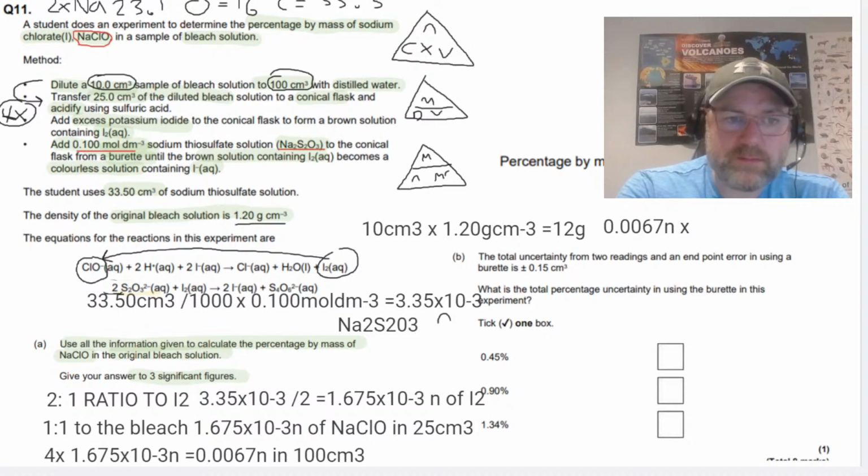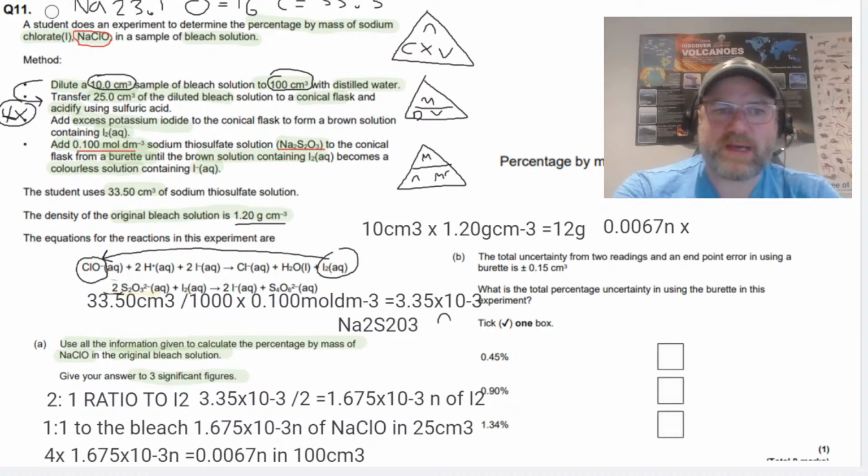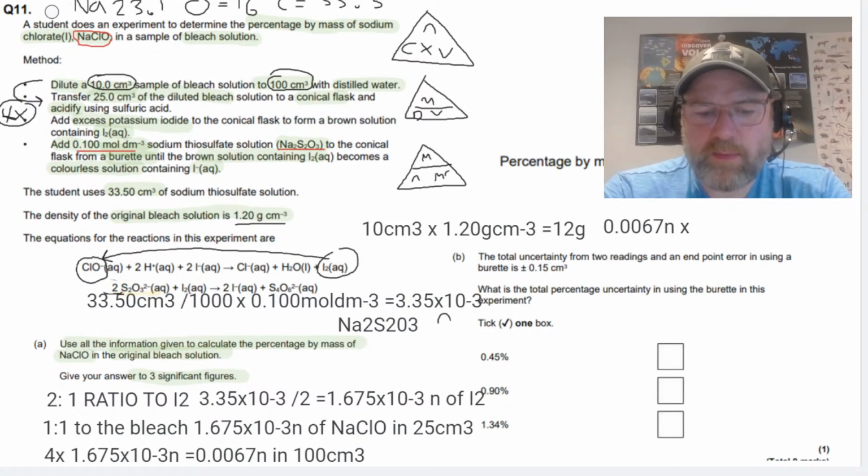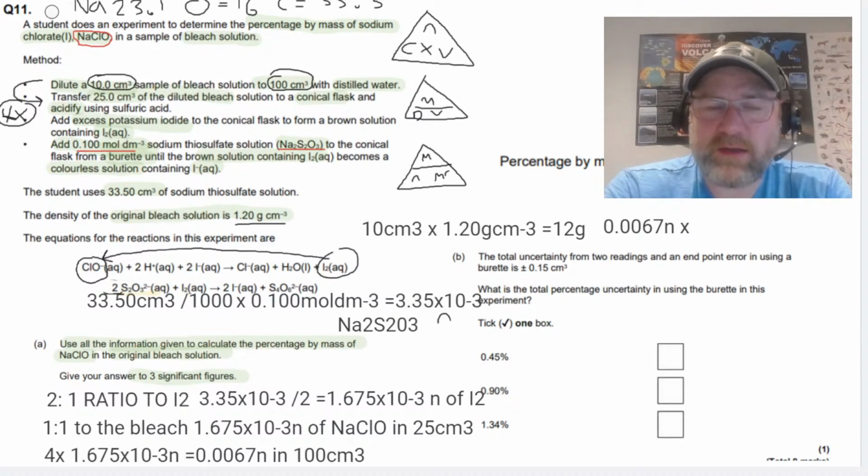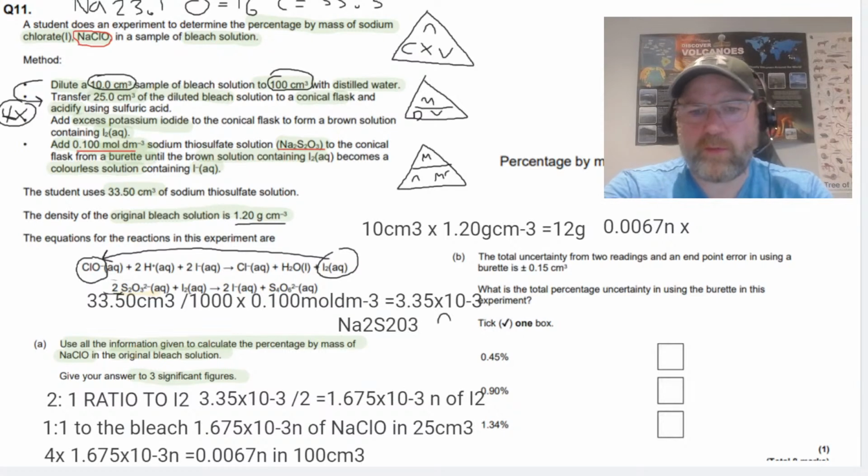No, it's not. What am I on about? There's no 2 Nas. Right. Let's just add this up, Tom. Don't be a plonker. I was thinking of sodium carbonate or something. 23.1 plus 16 plus 35.5 equals 74.6.